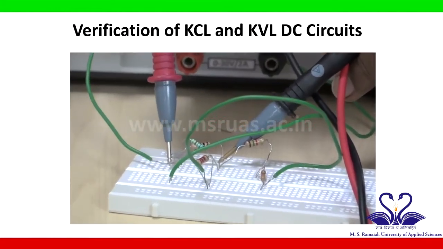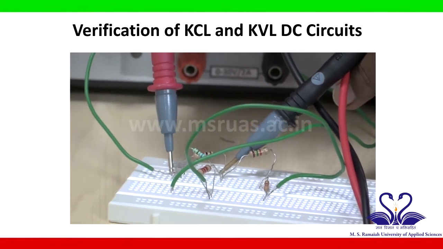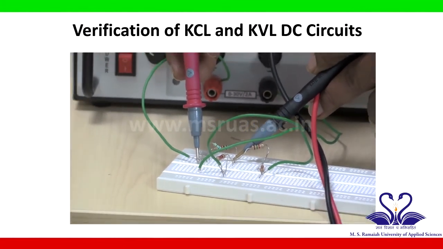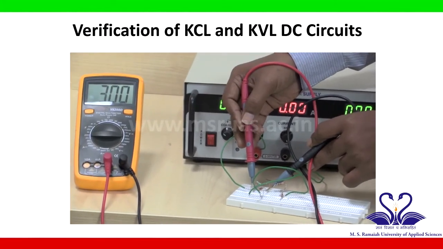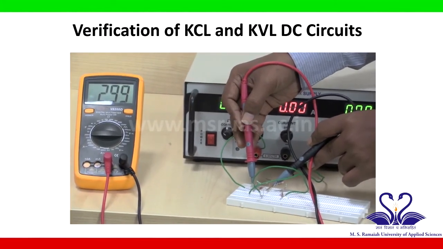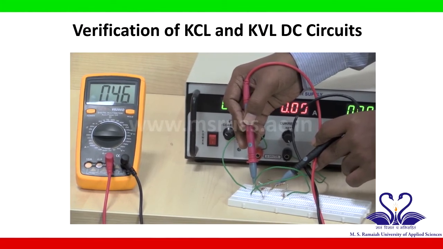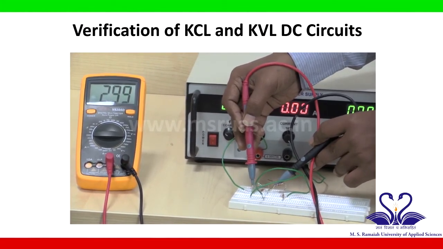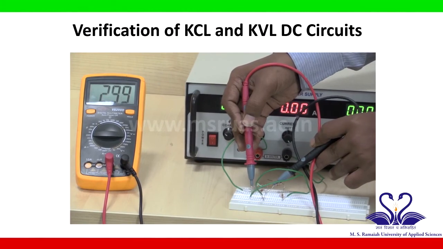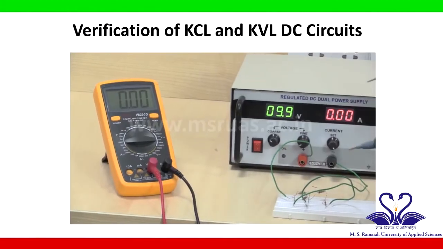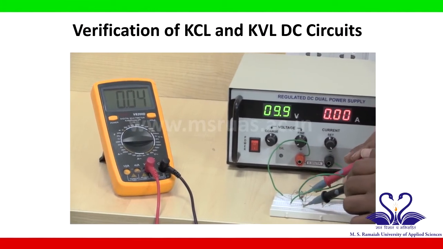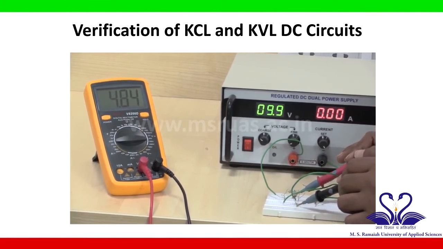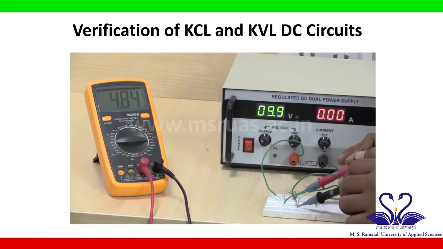Now it is showing 2.99 volts. The voltage across the R1 is approximately equal to 3 volts. So it is oscillating between 2.99 and 3, so it is approximately equal to 3 volts. Similarly, the voltage across R2 is 4.84 volts.